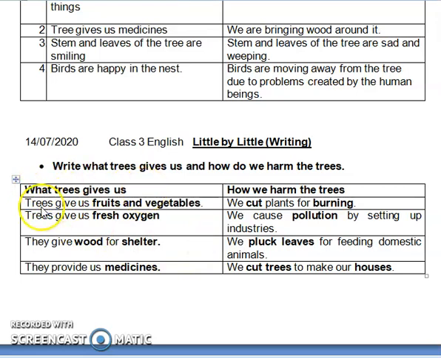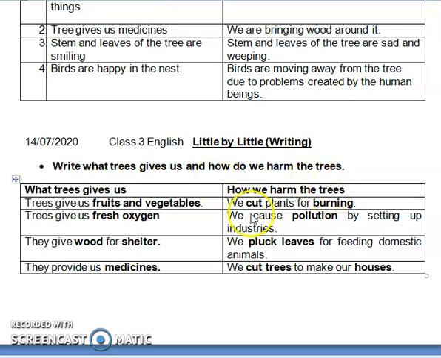So what does a tree give us? Trees give us fruits and vegetables. Trees give us fresh oxygen. The tree gives wood and shelter. They provide us with medicine. You may add some other things that trees give us, or you may simply alter my options.